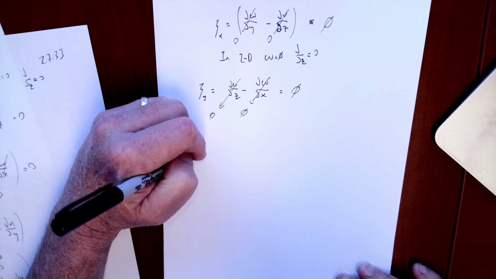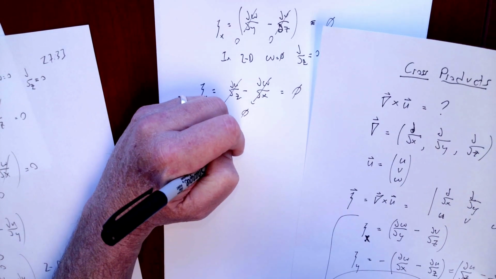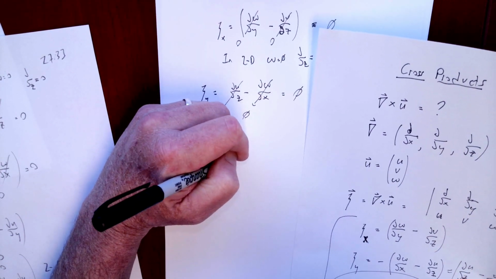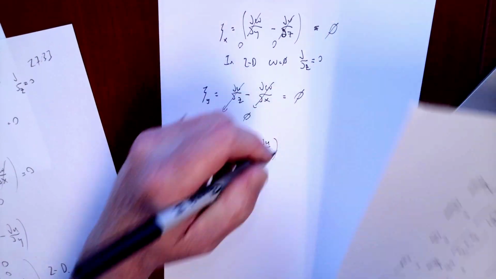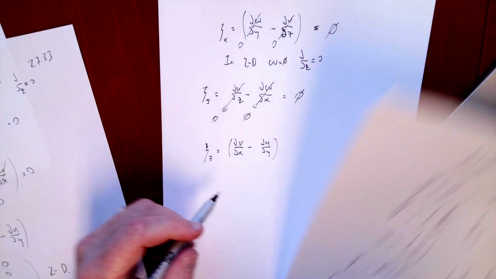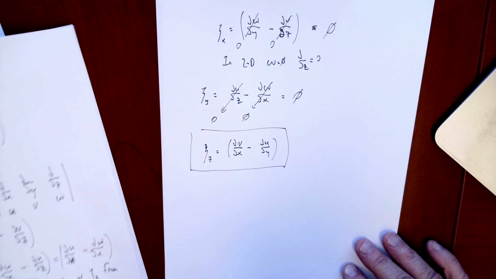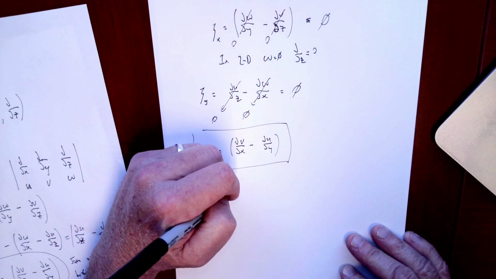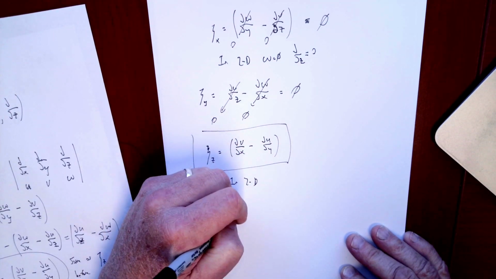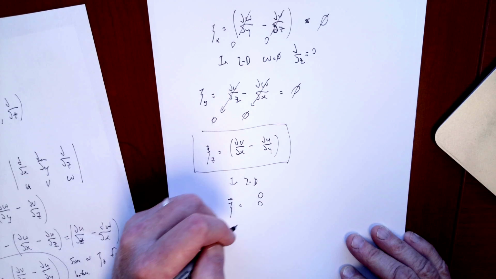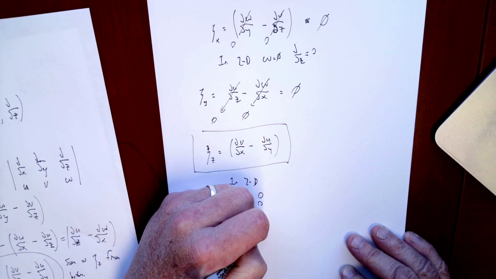The z component of vorticity, in two dimensions or in any dimensions, is dv dx minus du dy. But those terms don't have w's or d by dz's in them, so this is the only non-zero term in 2D flow. So in 2D, you don't really need to worry about all the different terms of the vorticity. The first two terms are always 0, and the last term is the only non-zero term.